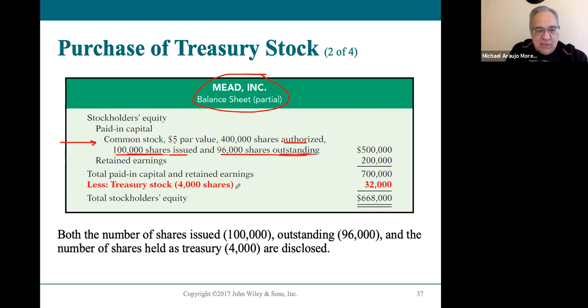Why? Because 4,000 are owned by the company as treasury stock. So these are important things to know. Authorized shares, issued shares, outstanding shares, treasury shares, all very important concepts to know.